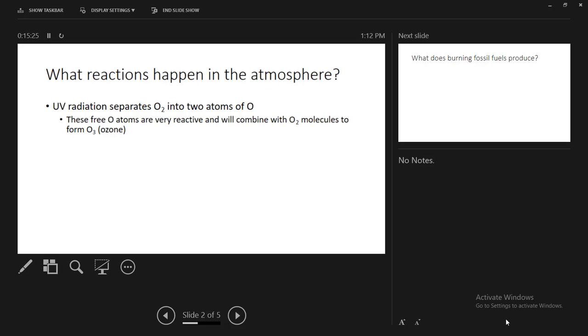To form this, where every oxygen atom in this molecule of ozone has a bond with the other two oxygen atoms. Okay. And this is a fairly stable molecule.